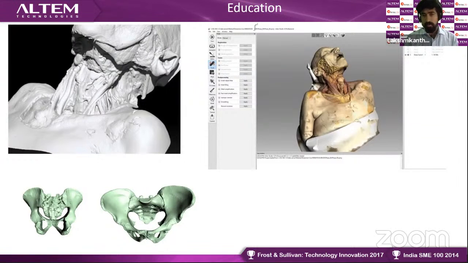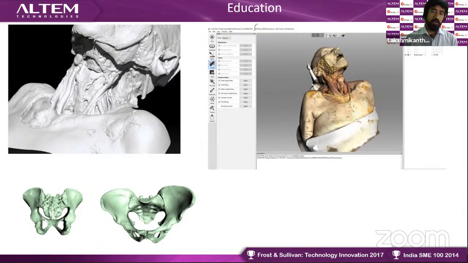I'll tell you how, in this example. On the medical side, getting cadavers is very difficult, right? Because they are very limited, and when medical students work on the actual body, availability is limited, and if something goes wrong, they can't get it back.